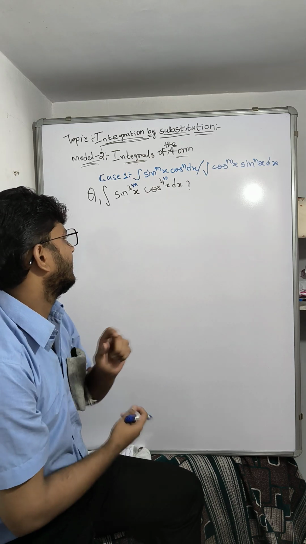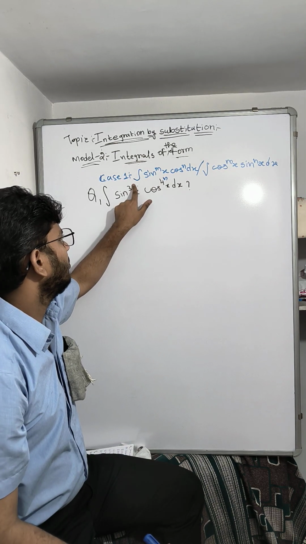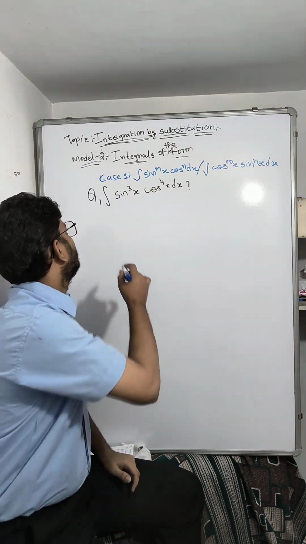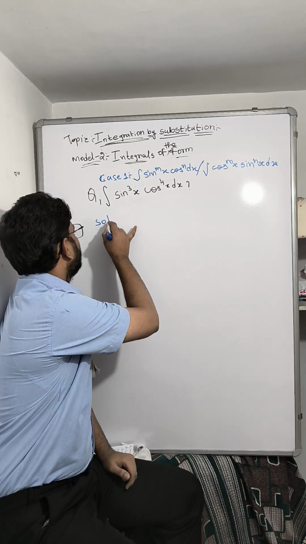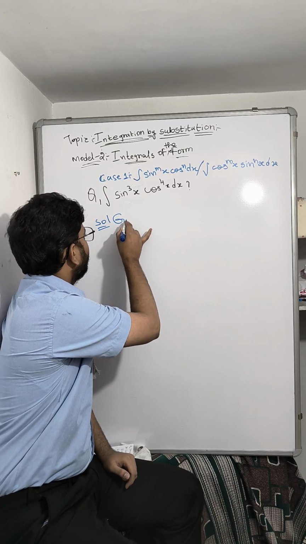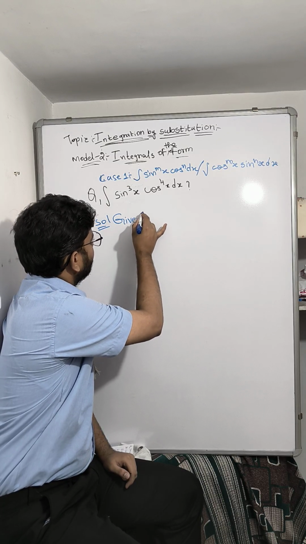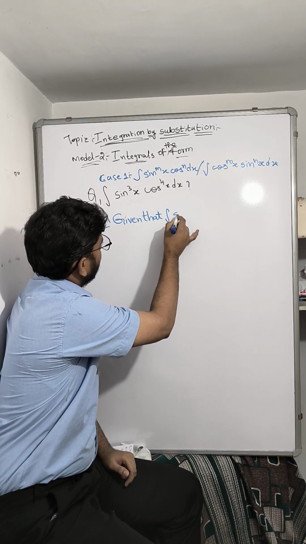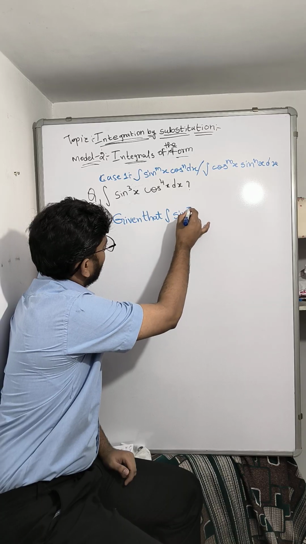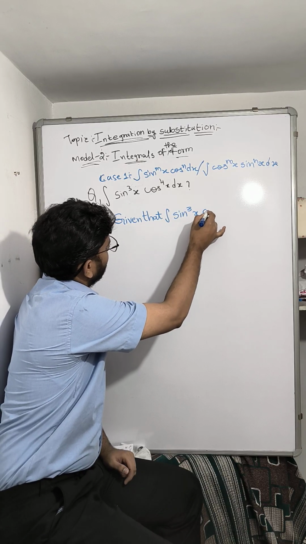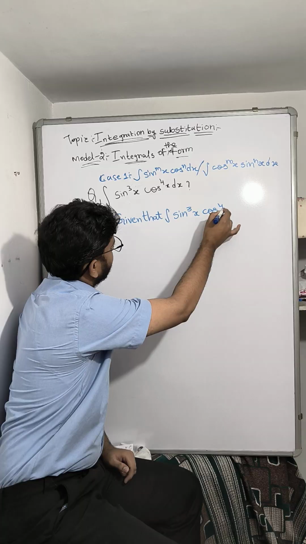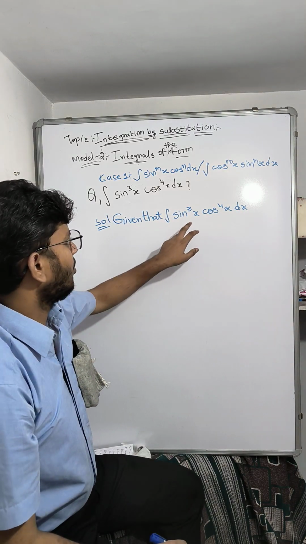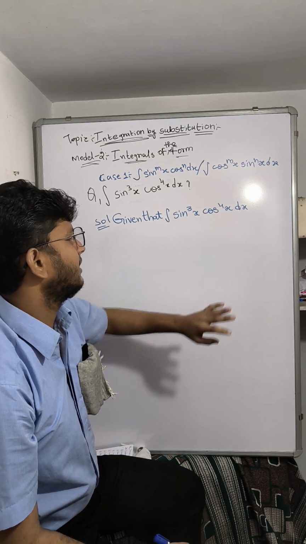Now, first of all we have to solve the problem. Solution: given integral sine to the power of 3x cos to the power of 4x dx.